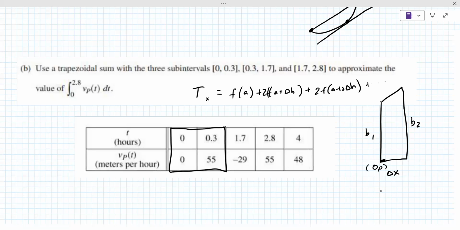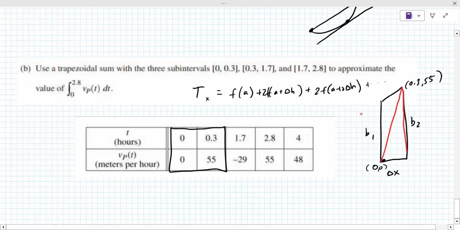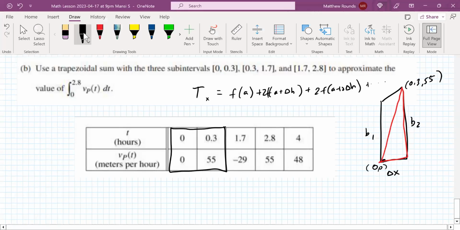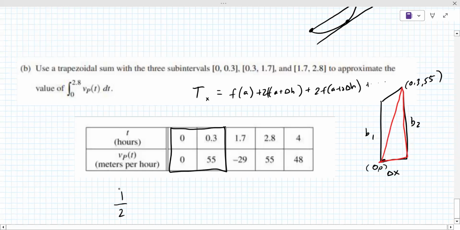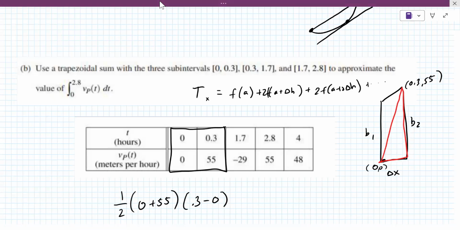And then you've got this other point up here, 0.3 comma 55. This one isn't really drawn to scale. It actually looks more like a triangle, but you should still treat it like a trapezoid. So the short of it is you have to take the average of the outputs, and then multiply by the width, the delta x, which is the right minus left. So that's for the first one.